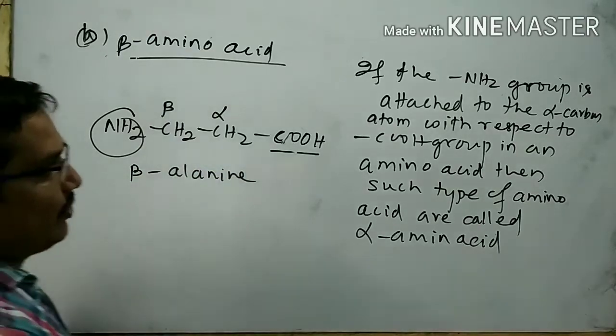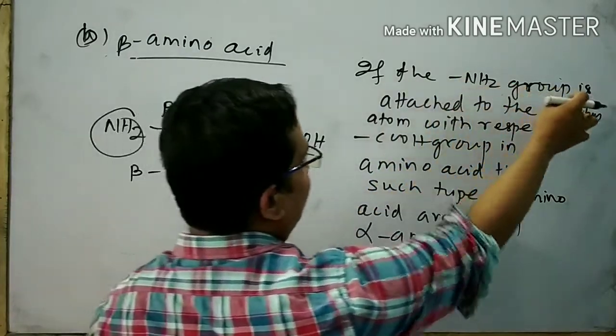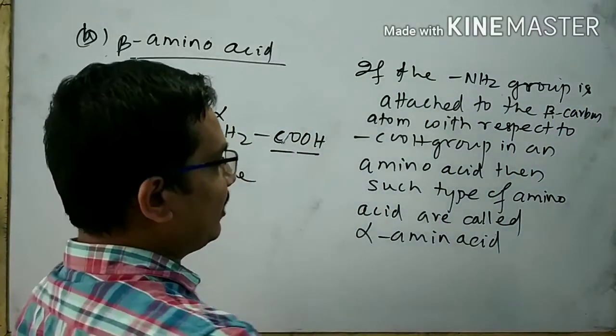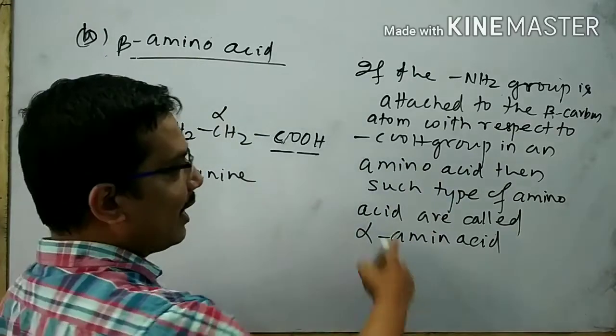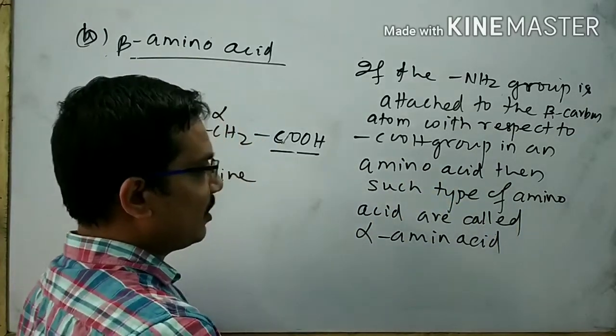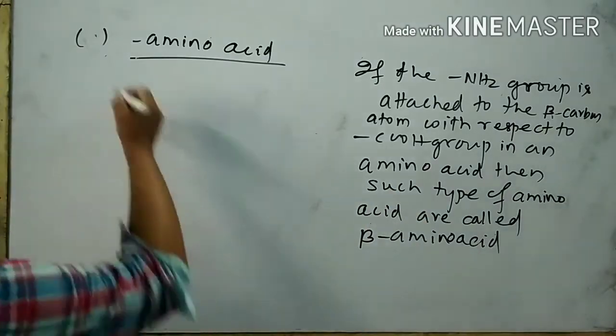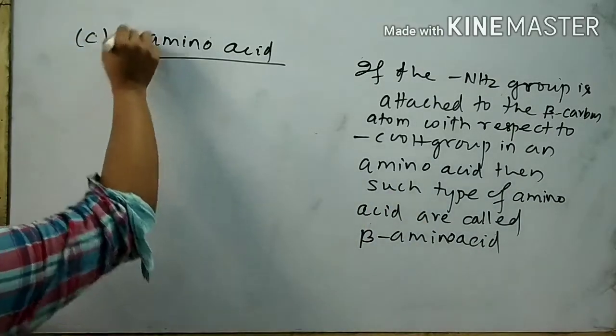From this example, we conclude that if the NH2 group is attached to the beta carbon atom with respect to the COOH group in an amino acid, then such amino acids are called beta amino acids. Next, I will discuss the gamma amino acid.